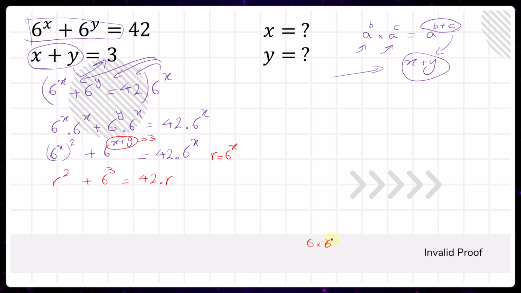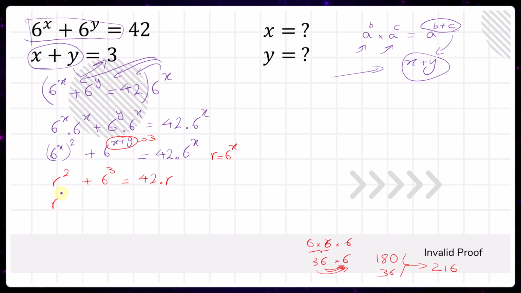We know 6 squared is 36, and 36 times 6 gives us 216.